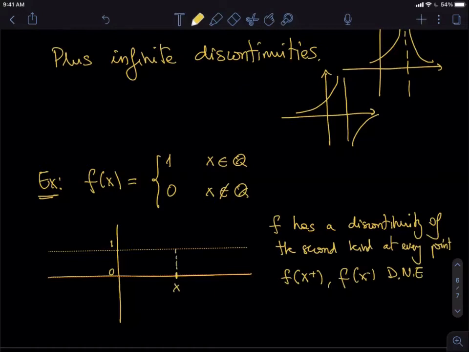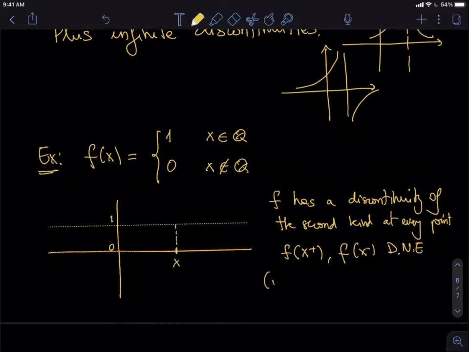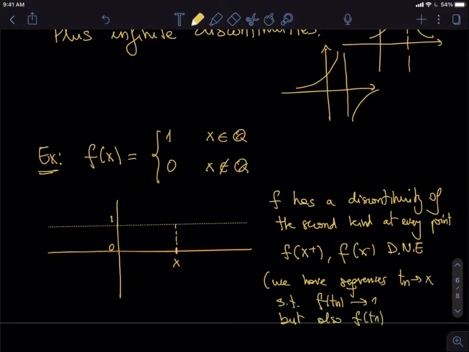Okay, we have sequences that converge to x such that f of tn converges to 1, but also different sequences, let's call them Sn, that converge to 0.